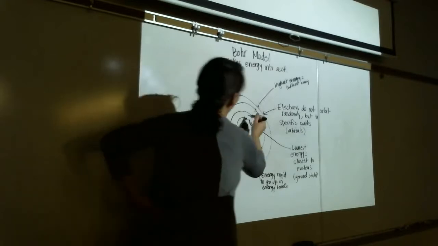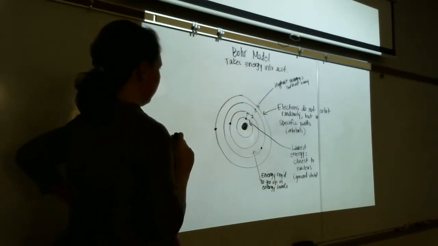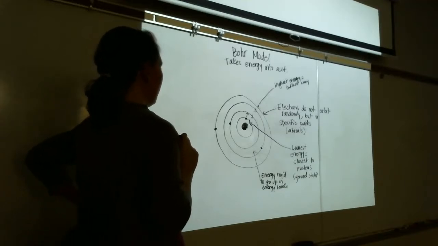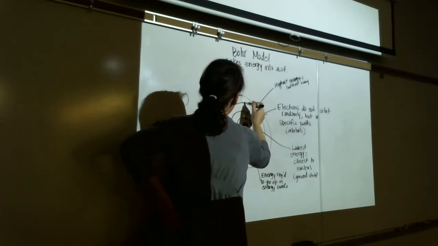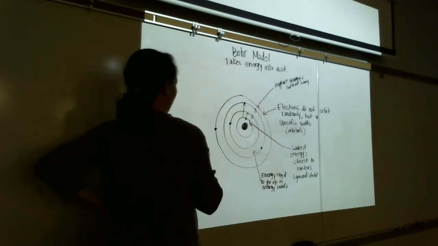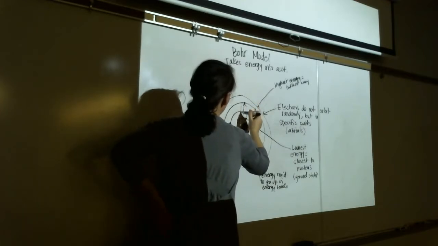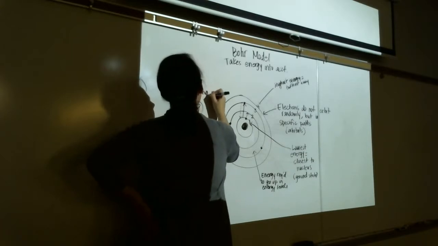So if I want to go from 1 to 2, I have to put energy in. But then if I fall back down, let's say I was at 3, I put in a bunch of energy, and I went from 1 to 3. But if I fall back down, falling releases energy.